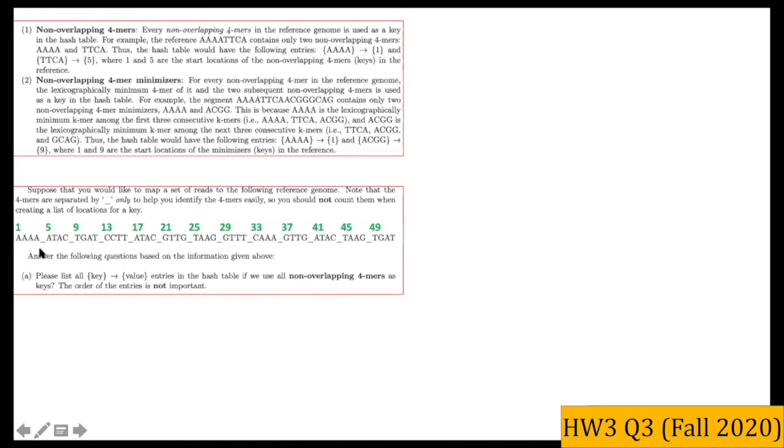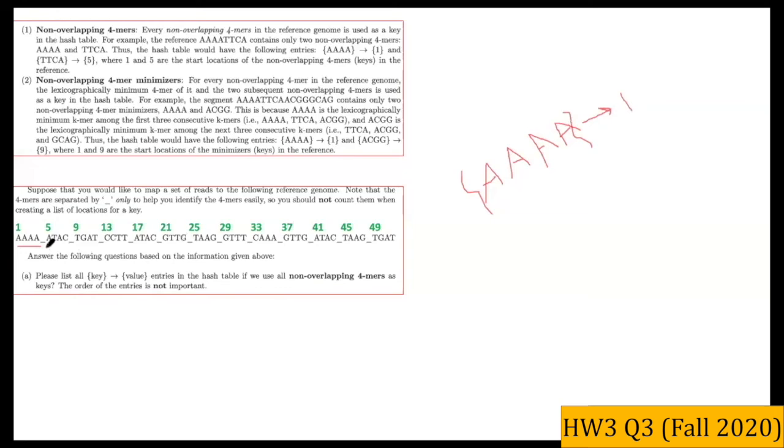Now, if you want to extract the first k-mer, we already split them using the underscore sign. So the first one will be this k-mer as it is. So we are going to store A, which are the 4 characters, and this k-mer is located at location 1.